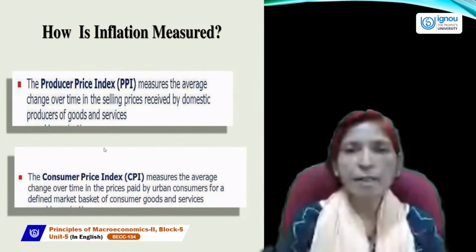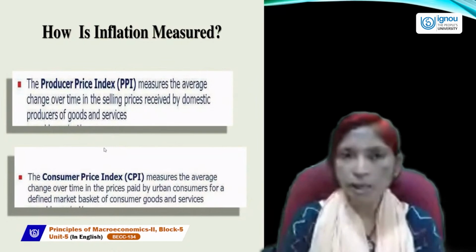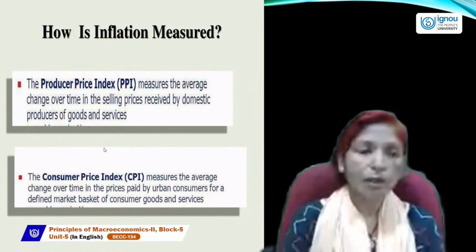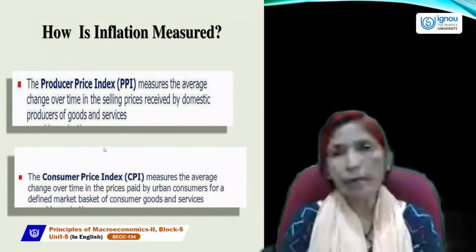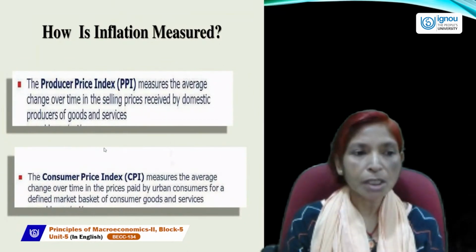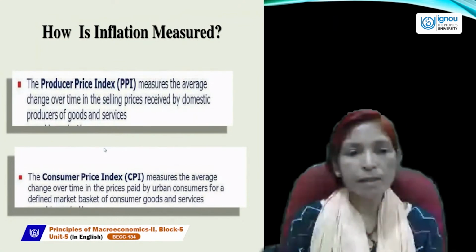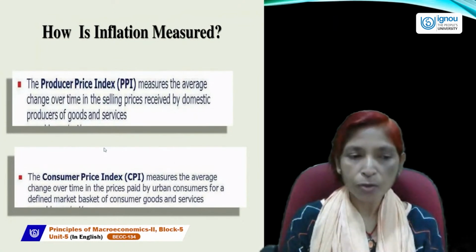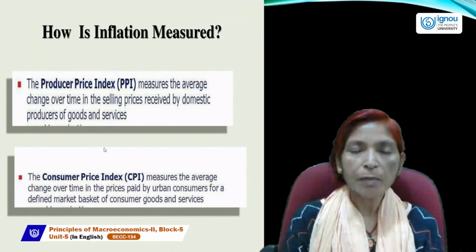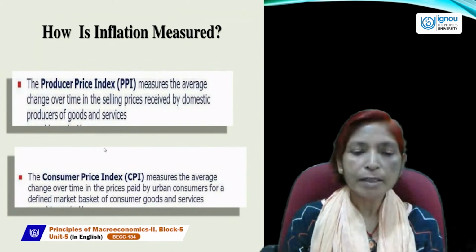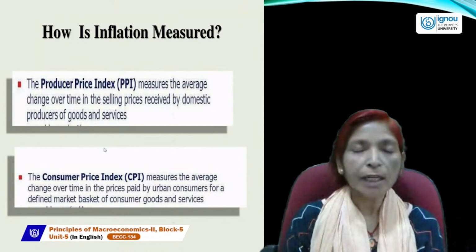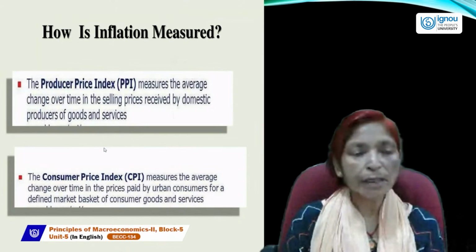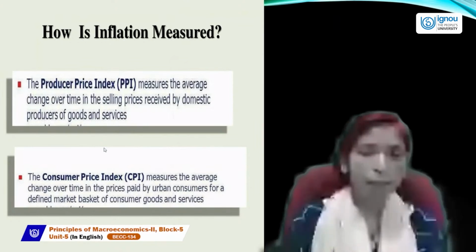Consumer price index or retail price index measures the average change over time in the prices paid by urban consumers. Producer price index measures the selling price received by domestic producers, but consumer price index measures the average change over time in the price paid by the consumer, not received by the seller.